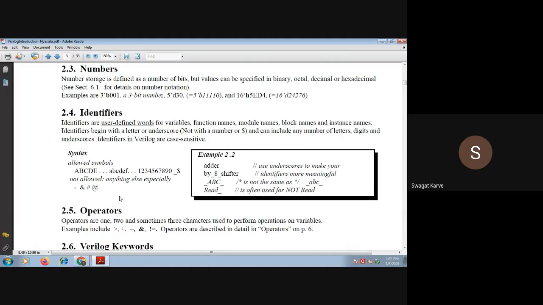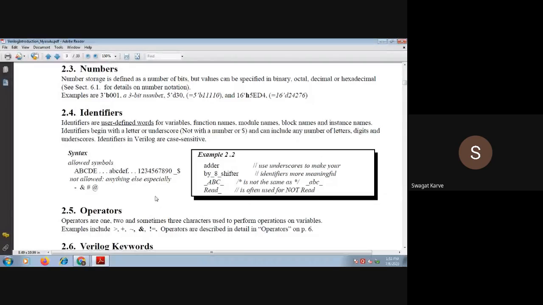Now there are identifiers. What do you mean by identifiers? Identifiers are user-defined words for variables, function names, module names, block names, and instance names. As in VHDL, we give names to our entity, to our design.